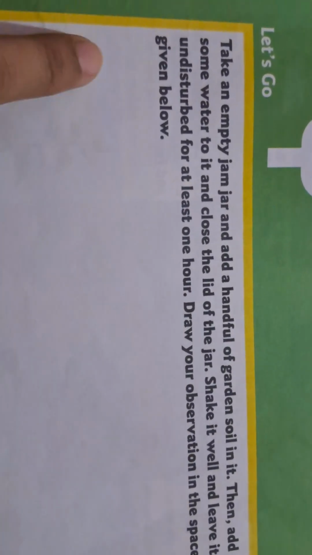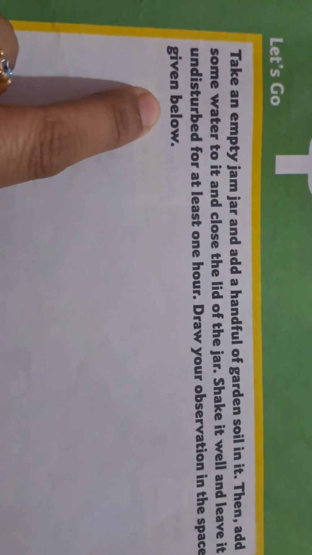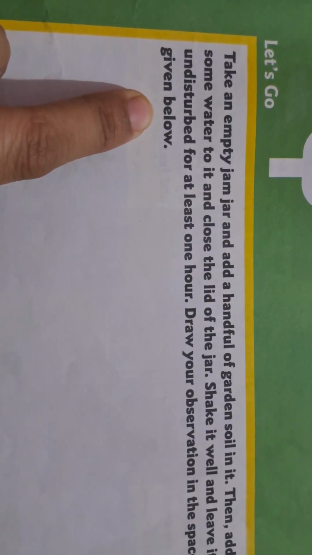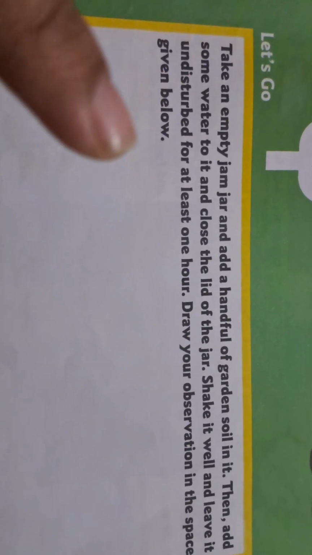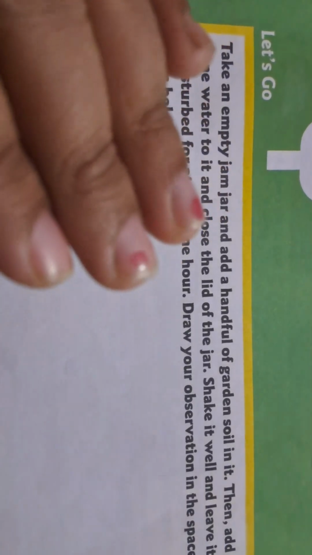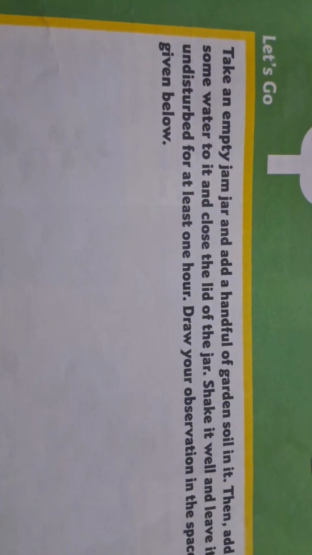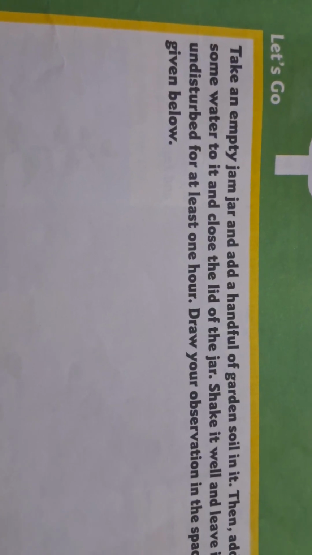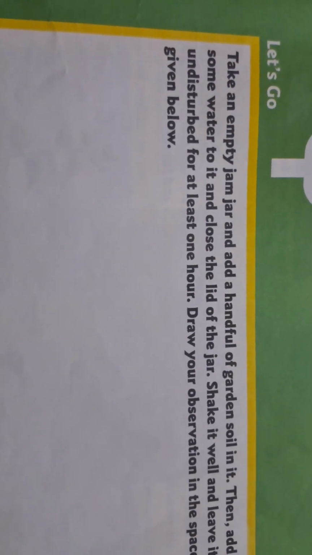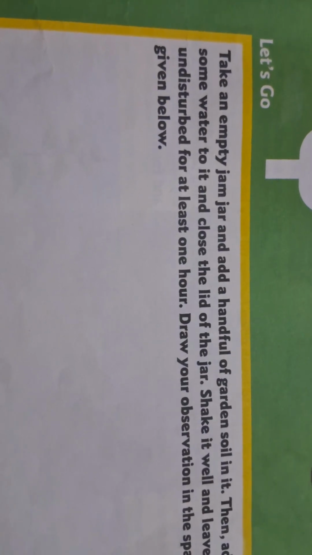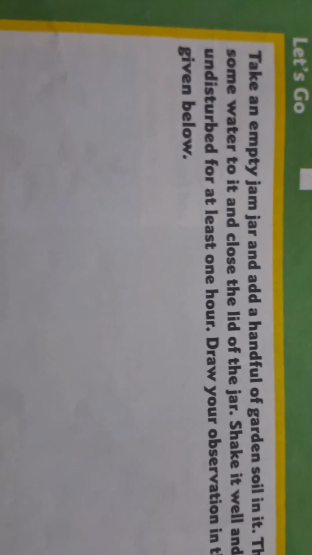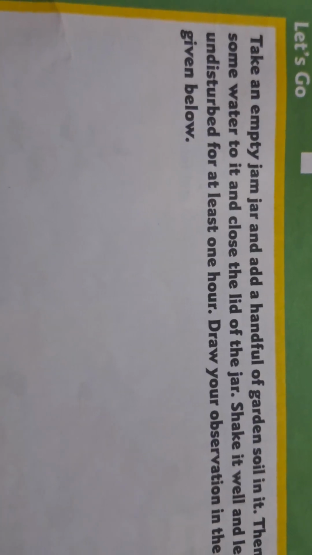You have to draw the diagram of that. After 1 hour, whatever soil is there will settle down. Above the soil we have water, but that is not clear, isn't it? Maybe you can do this activity so that you can know what is going on. Then we will move on to the lesson.